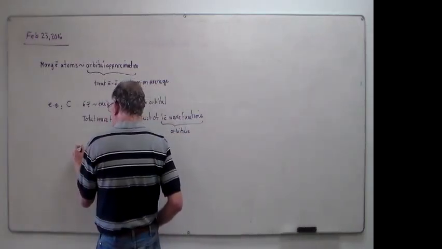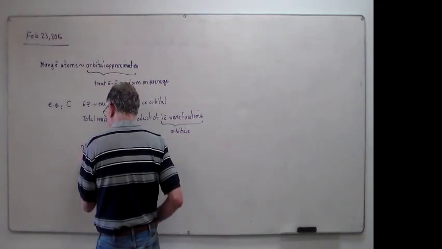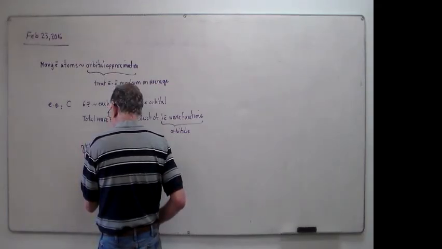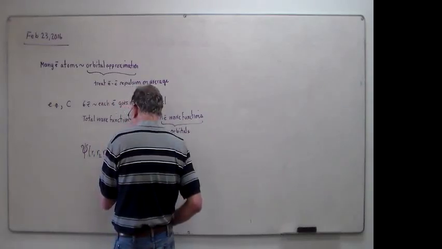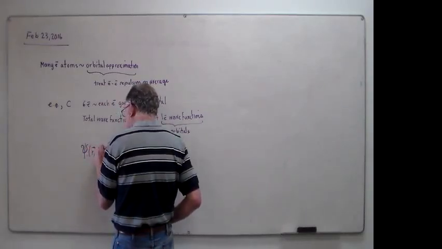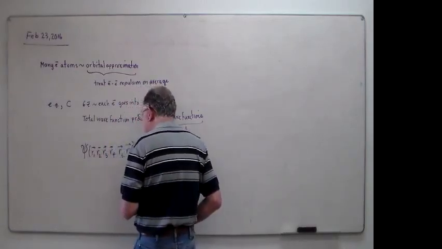So we have a total wave function of r1, r2, r3, r4, r5, r6. These are the coordinate vectors of the 6 electrons in carbon.